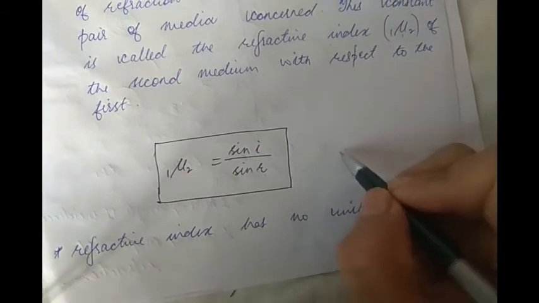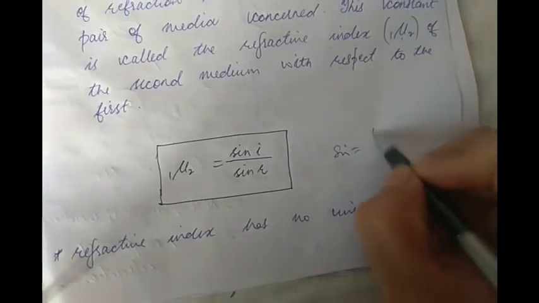And remember, refractive index is a ratio of the same two quantities. In fact, sine of any angle itself is a ratio of two lengths. Sine is what? It is the ratio of perpendicular and hypotenuse, so don't forget. Since sine itself is a ratio of two lengths, sine i is unitless, sine r is unitless, so thereby refractive index itself has no unit.